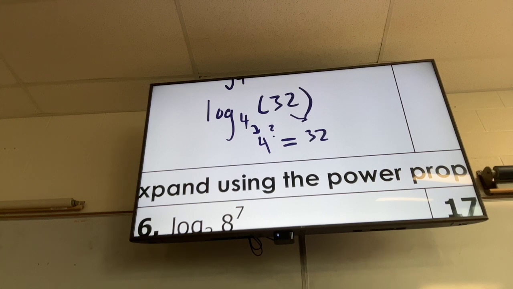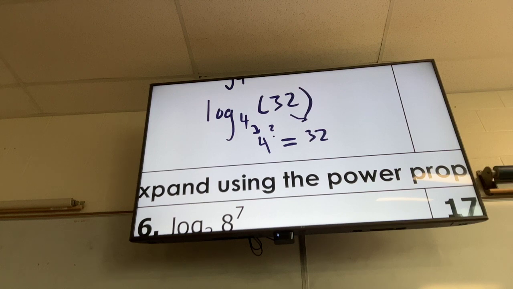Here's how I'm thinking of this. So 2 to the what gives me 32? 5. 2 to the 5 gives me 32, right? And how do you get 2 from 4? What do you have to power 4 by to get 2? 4 to the what gives me 2? 1/2, right?